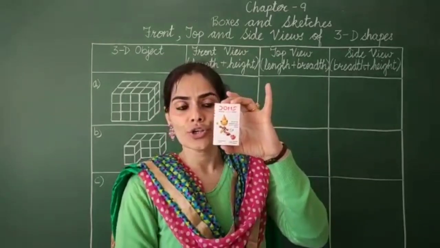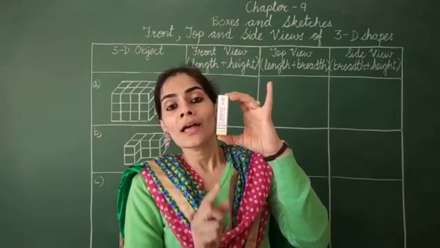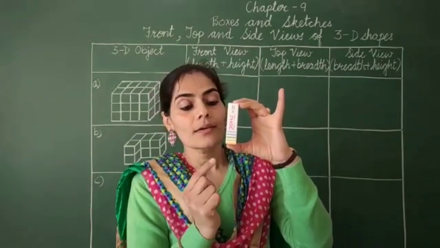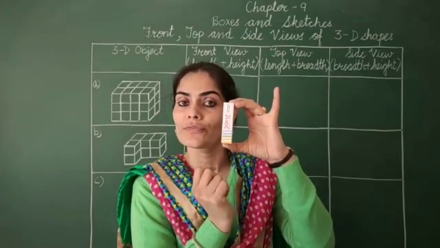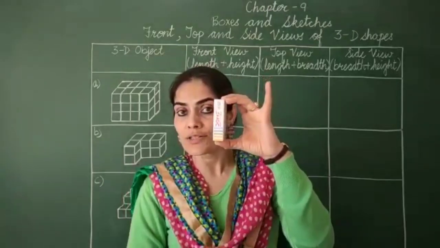Now I show you the side view of this box. When I show you the side view, you are able to see the height, but you are also able to see the breadth of this box. But are you able to tell how long this box is?